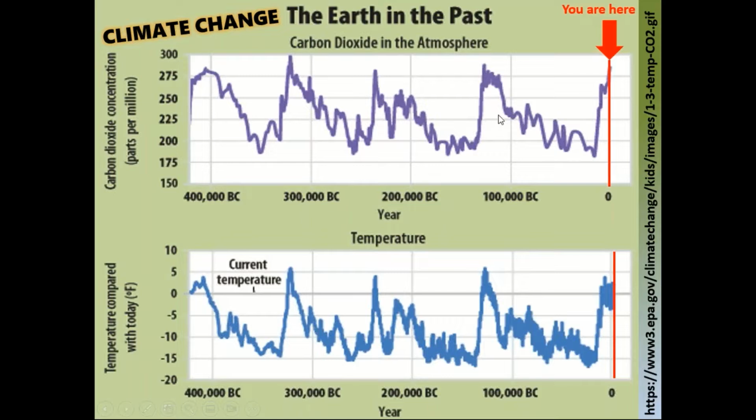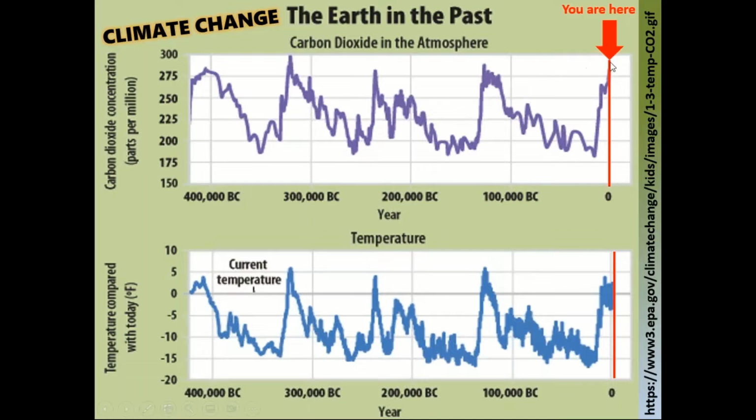What I ask everybody to keep in mind is that CO2 in our atmosphere is nothing new, and it's not all there because of humans. It's been there forever, and Mother Nature naturally puts it into the atmosphere. When we take a look at the concentrations of CO2 in our atmosphere over the past 400,000 years, you can see in these graphs that the left side of the graph represents basically 400,000 years ago, and the red line represents present day, right now, as we're talking to each other.